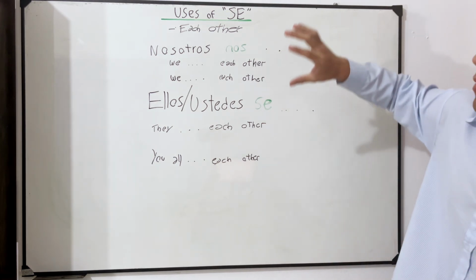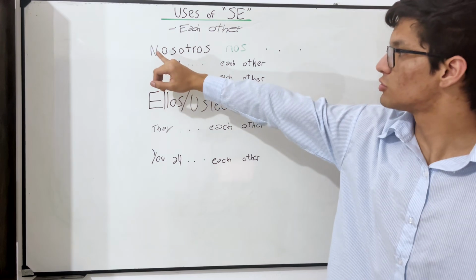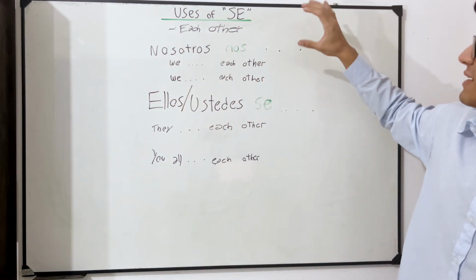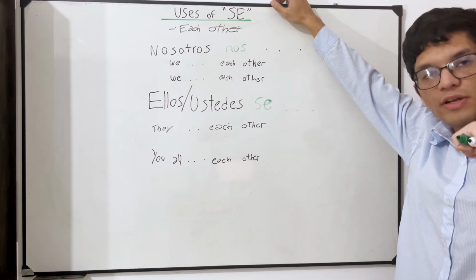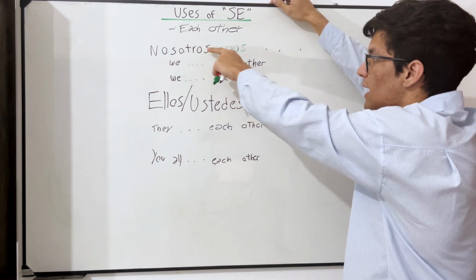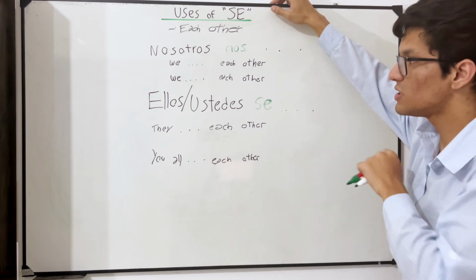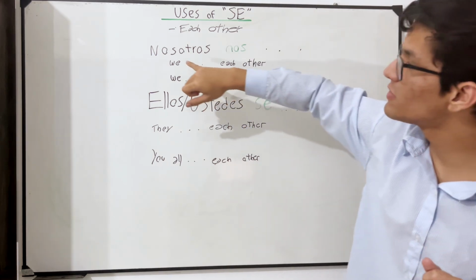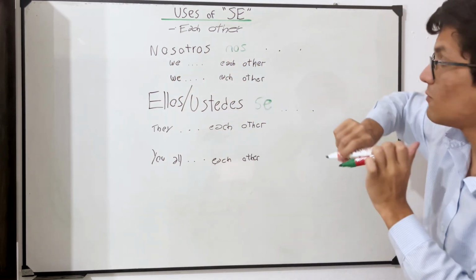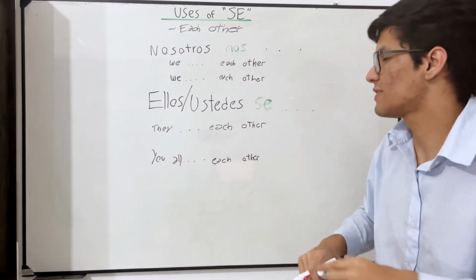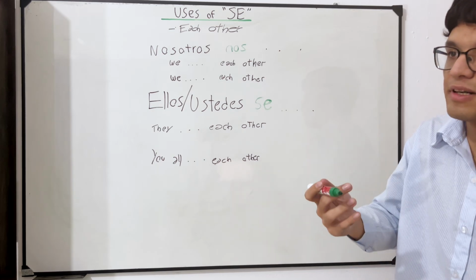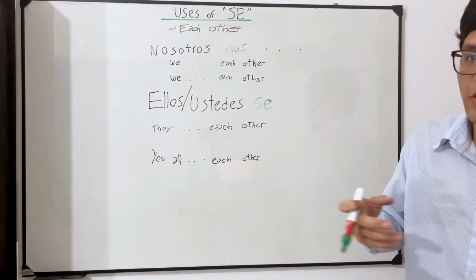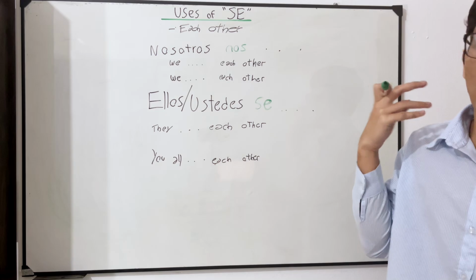So for example, when we say nosotros, nos, plus a verb, for example, when we say we love each other, we and each other in the same sentence, we would say nosotros, nos, and then let's say any verb, for example, the verb love, the verb to watch, mirar, the verb to like: we like each other, we watch each other, we love each other, etc.